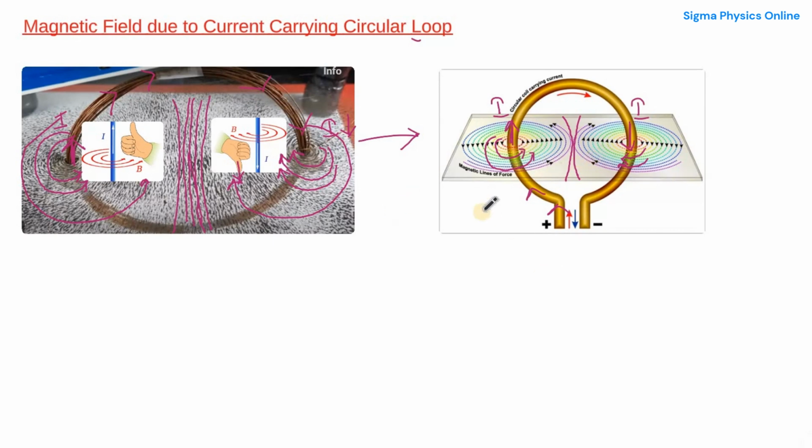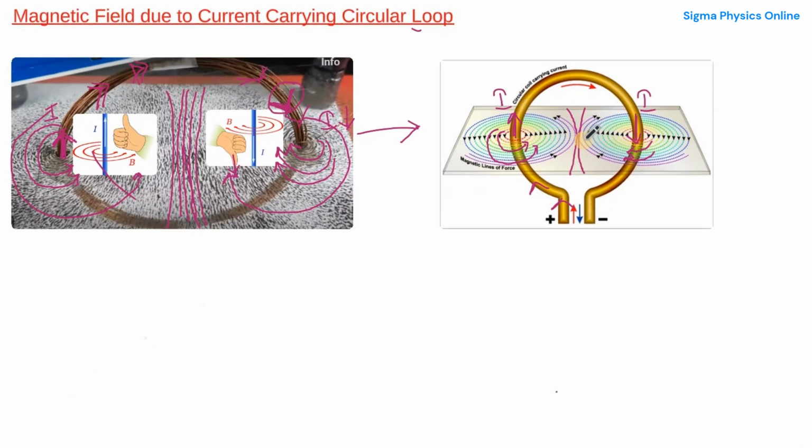Next, we have to draw the direction of current and the magnetic field. Here we have shown the direction of current and the direction of magnetic field around this circular loop. Now, if you are finding this difficult to draw, let me explain an easier way to draw this. So, this is a sheet of paper in which we have made two holes, and here we take a wire.